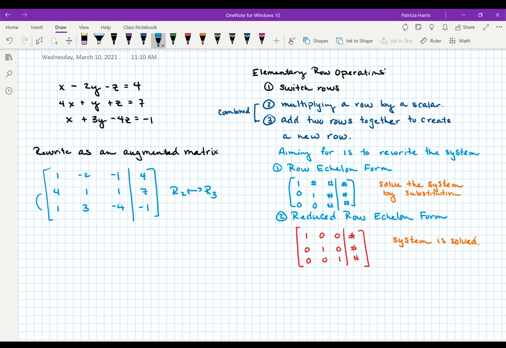So basically these are going to change places. So my new matrix will look like this. Row 1 didn't change. But row 2, whoops.